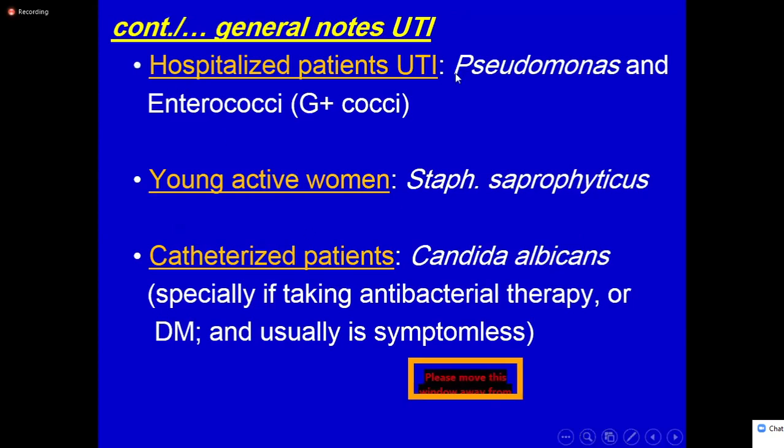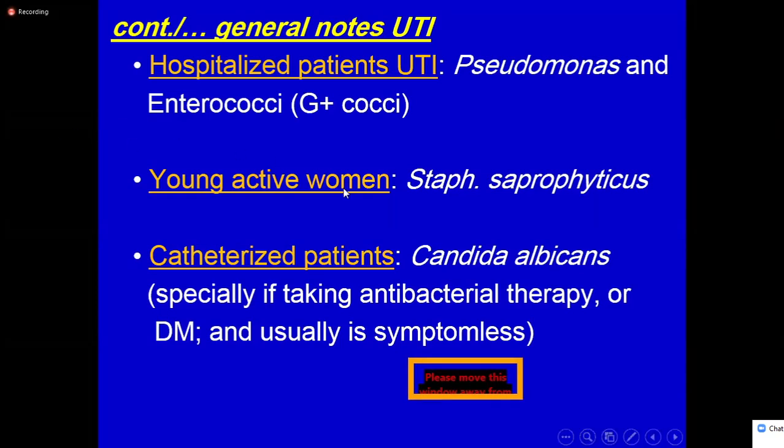Also, a hospitalized patient may become predisposed to UTI, especially with Pseudomonas and Enterococci, which are gram-positive cocci, as I said in the beginning. So hospitalization may predispose the patient to UTI, especially if the patient has a catheter.